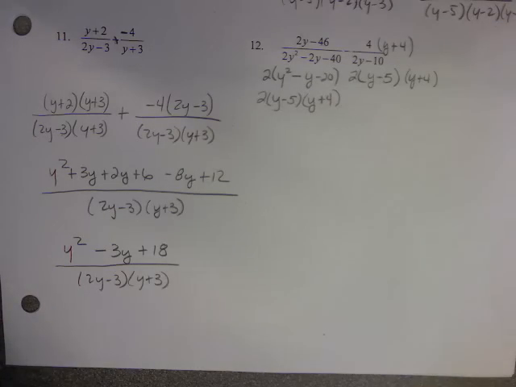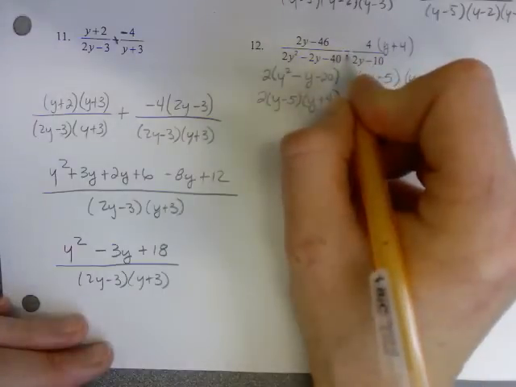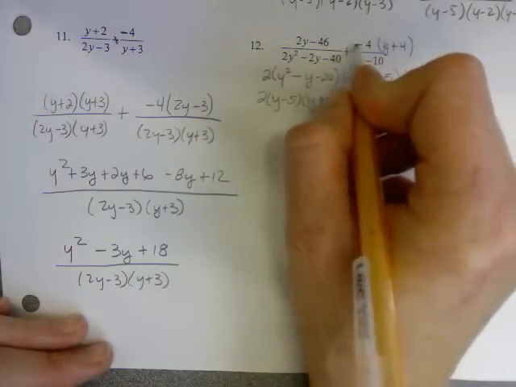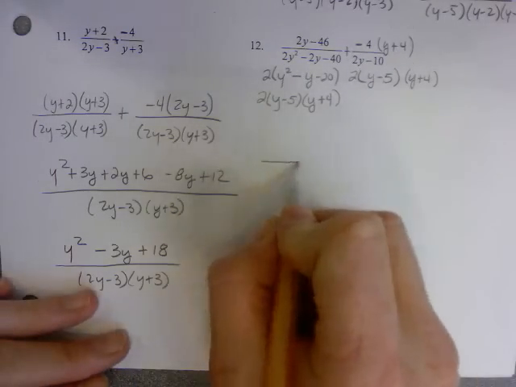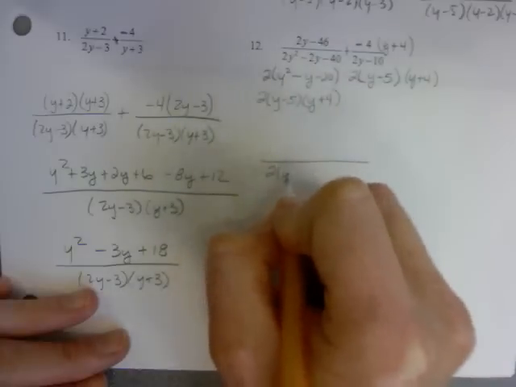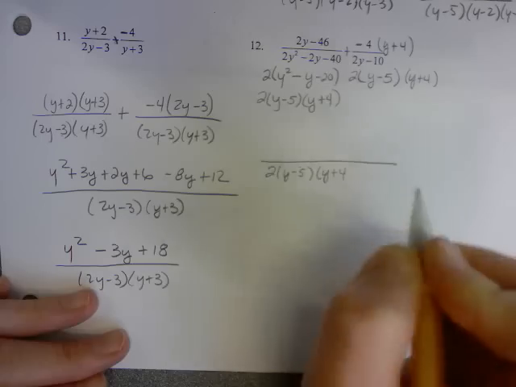So now I can make this negative sign a positive sign and take that negative up with that 4, and therefore when I distribute I can remember to distribute the negative 4. So my common denominator is 2 times y minus 5 times y plus 4.